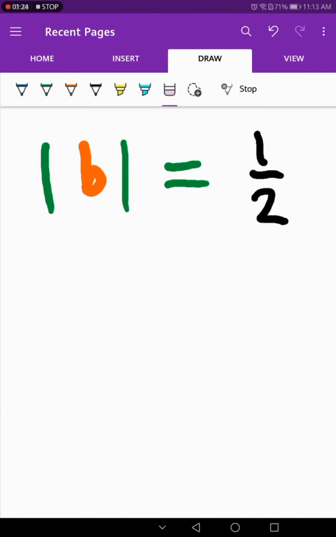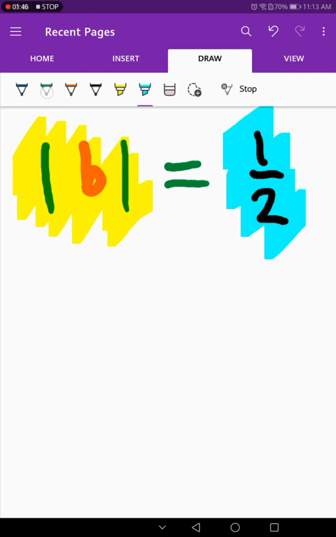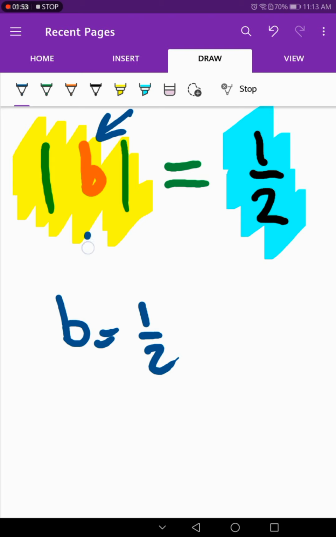Let me explain. When we solve any equation and get the solution, the solution is the value that makes the inequality or the equation true. So which values make the left side equal the right side? Negative 1 over 2 and 1 over 2. When b equals 1 over 2, if I put it here, the answer will be 1 over 2, which equals 1 over 2.